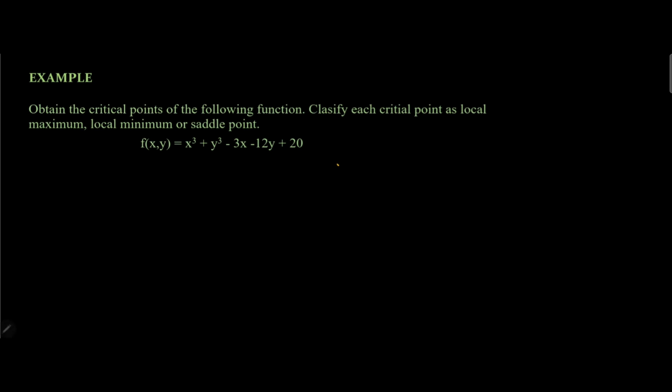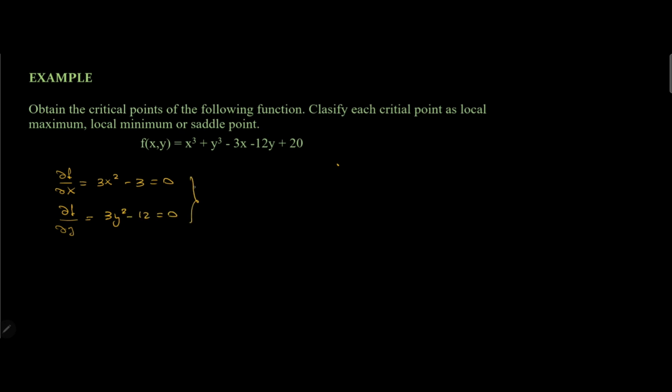So we start by writing the critical point equation system, which is 3x squared minus 3, that's the partial derivative according to x, and the partial derivative according to y is 3y squared minus 12, both equal to 0.